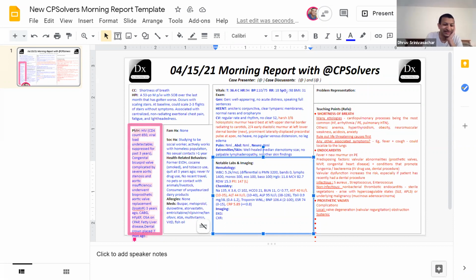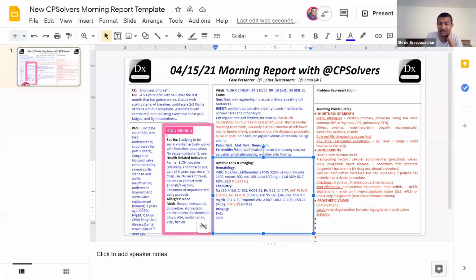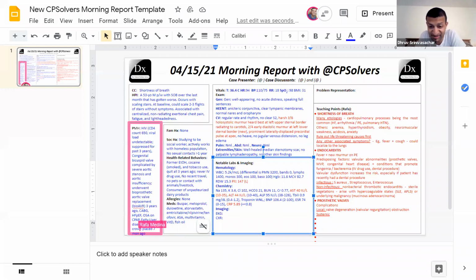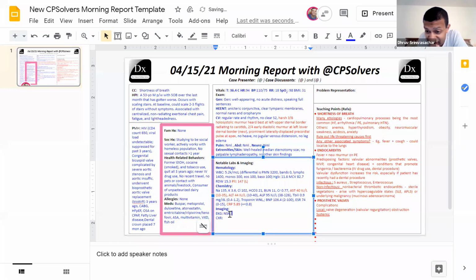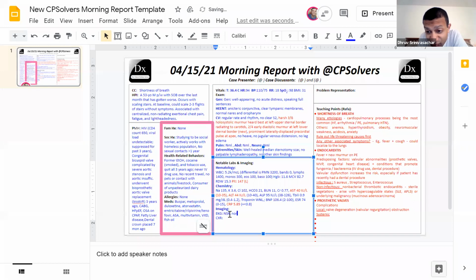Brilliant. So given that we're focusing on a cardiac focus, let's give a little bit of cardiac focus studies as well. EKG, since we do it in a cardiac context: normal sinus rhythm, rate of 75, PR interval of 182, and a corrected QT of 444 milliseconds.